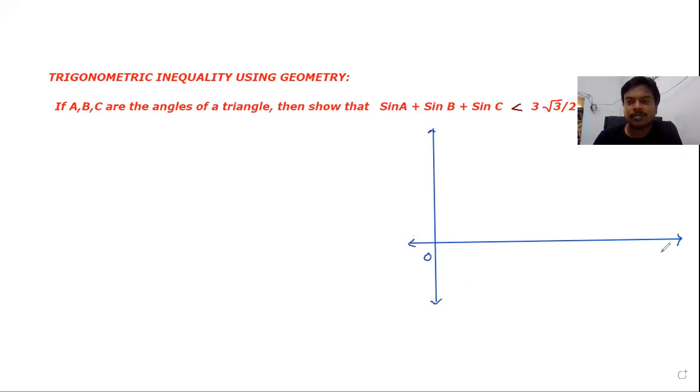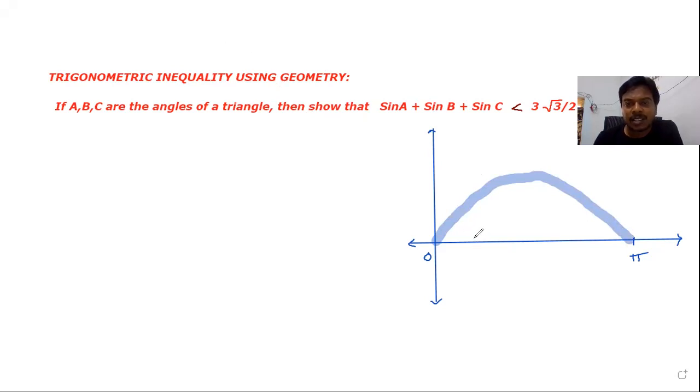Here it is 0. Assume that this is pi. Now the graph of sin x. Yes, this is the graph of the sine function in the interval 0 to pi.